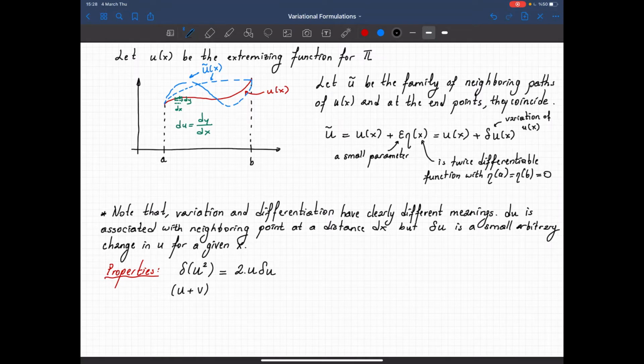If I want to take the variation of that, that's equal to variation in u plus the variation in v. If I want to take the derivative of the variation of u, that's equal to variation of the derivative of u.